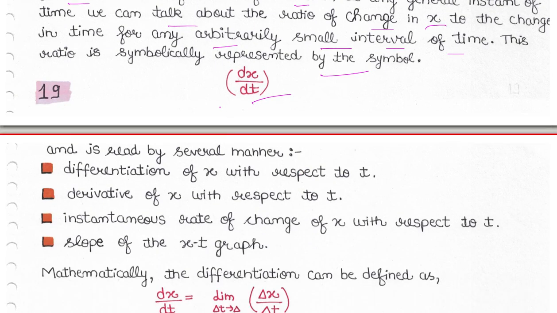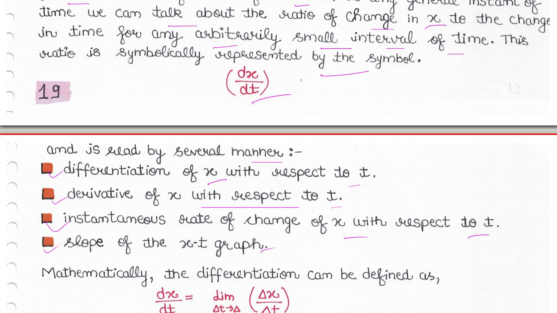We can say this in several ways: differentiation of x with respect to t, derivative of x with respect to t, instantaneous rate of change of x with respect to t, or slope of the x-t graph.